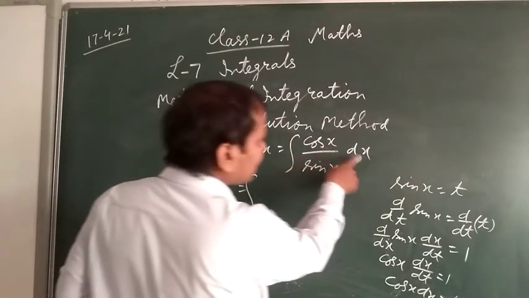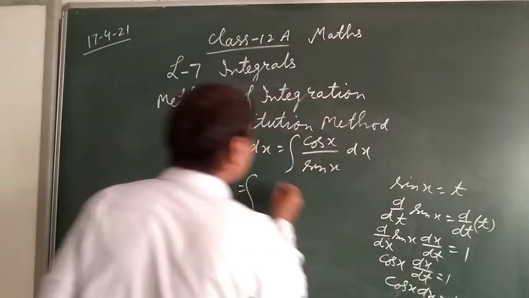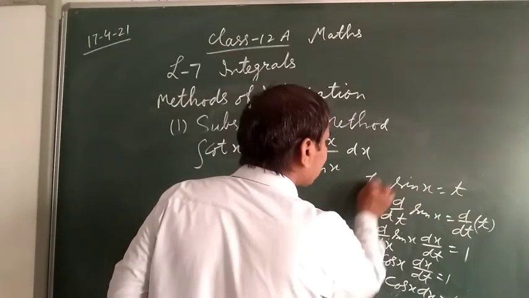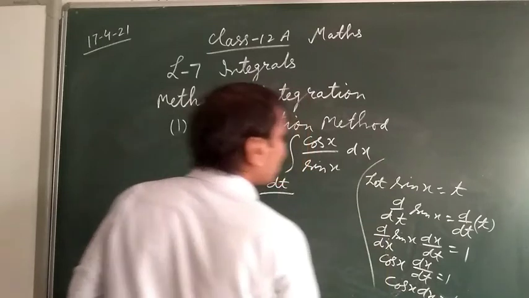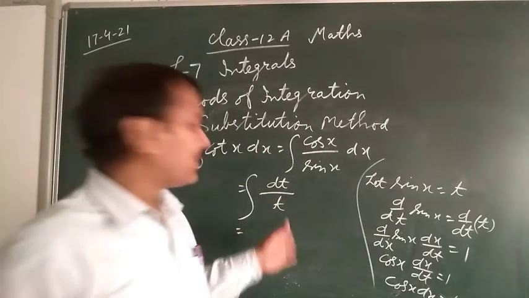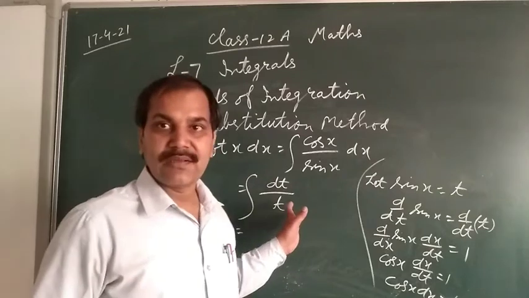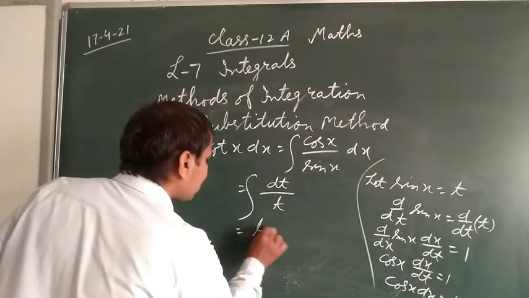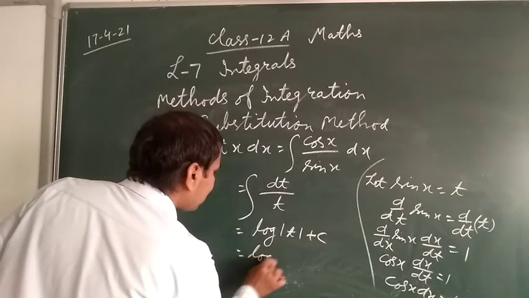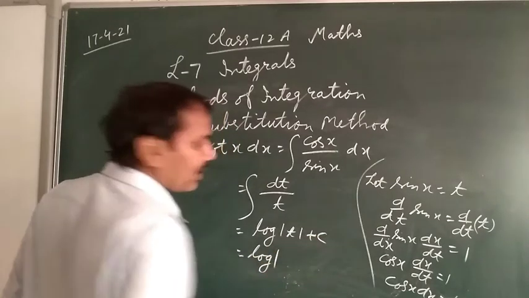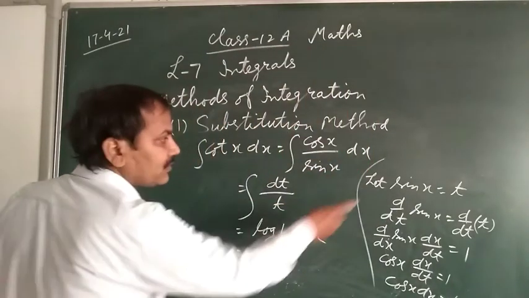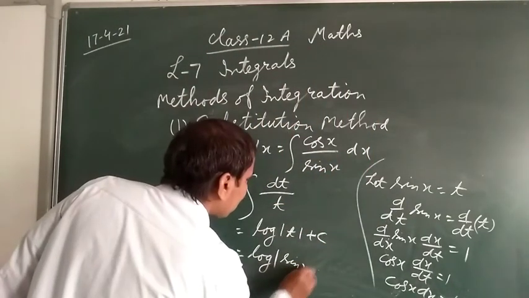In place of cos x dx we can write dt, and in place of sin x we write t, and you know the integration of 1 upon t is log mod t plus c. And t is sin x, so the formula is log mod sin x plus c.